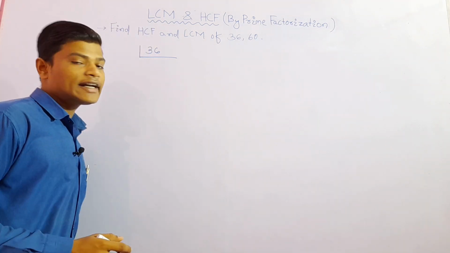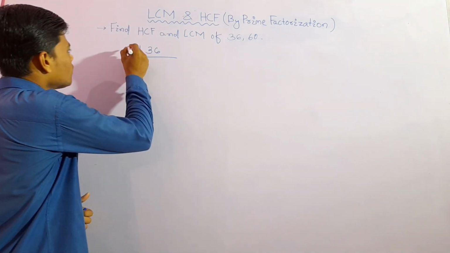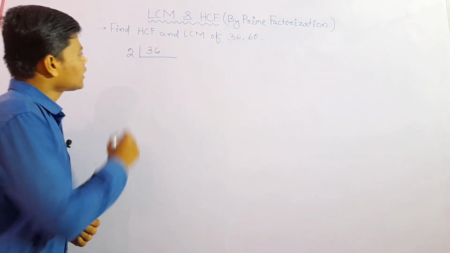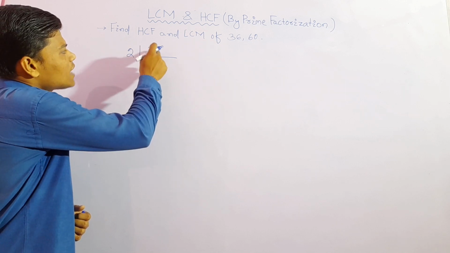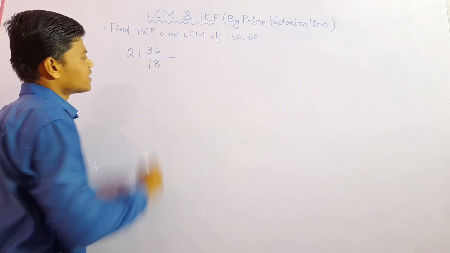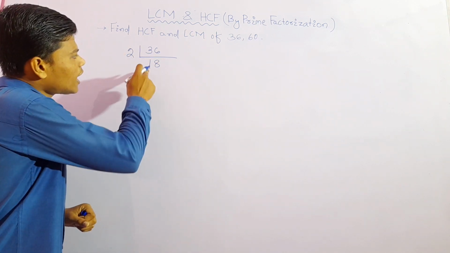Here, 36 is divisible by 2, so I am going to put 2 here and divide 36 by 2. 2 threes are 6, and 1 left, and 1 and 6 make 16, and 2 eights are 16. Now we have 18 here.